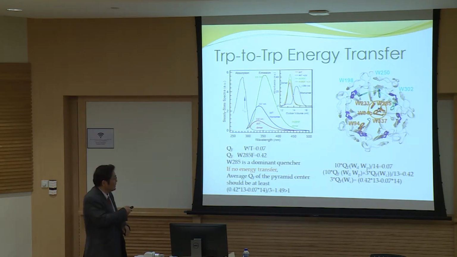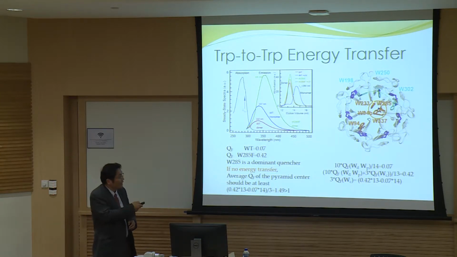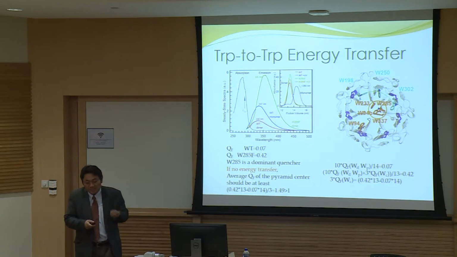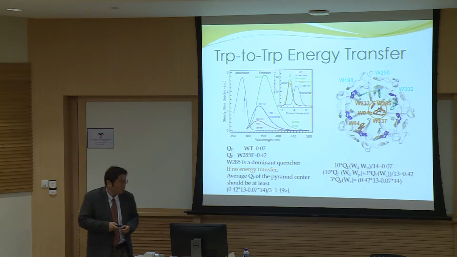One is 285, one is 233. Without either one, this dimer will not dissociate. The dimer is rigid no matter what you do. So if you mutate either one, you couldn't do that. But you have to have these 2 tryptophans, 233 and 285, coexisting to do the biological function to dissociate.